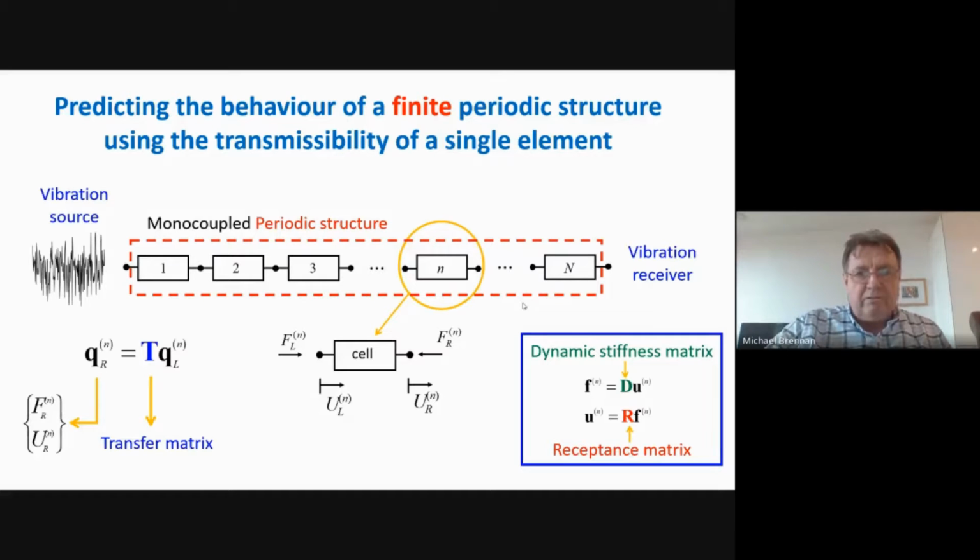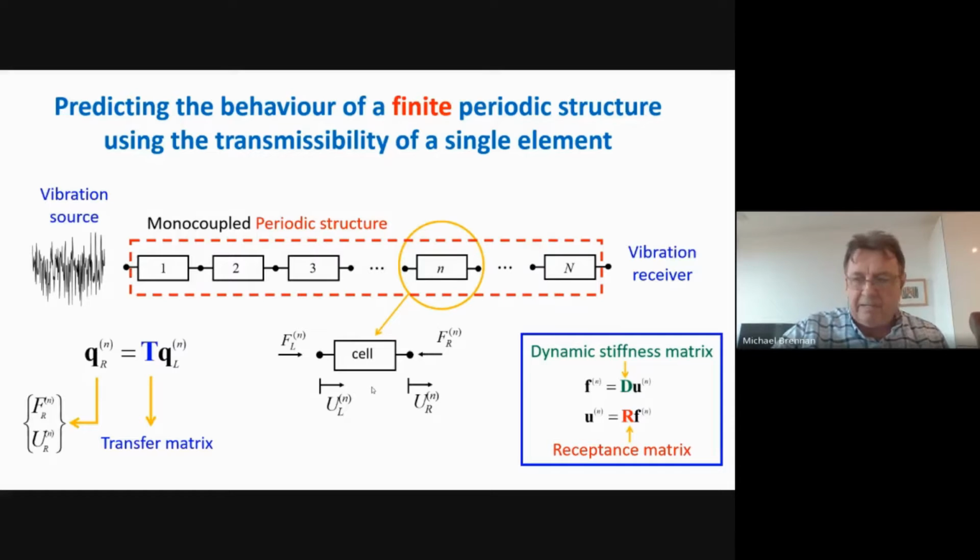And we're going to do this just by looking at a single cell. So you see in the diagram there, the small nth cell is pulled out. And what we look at is the transmissibility of that single cell.